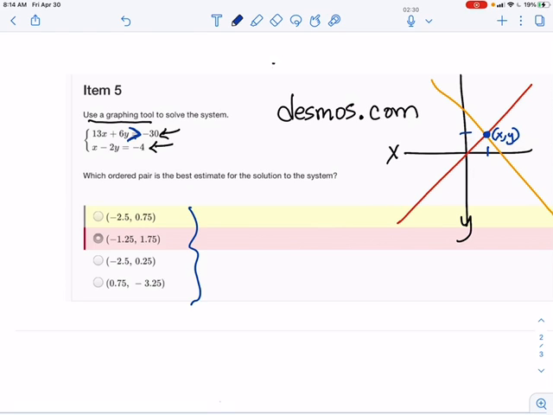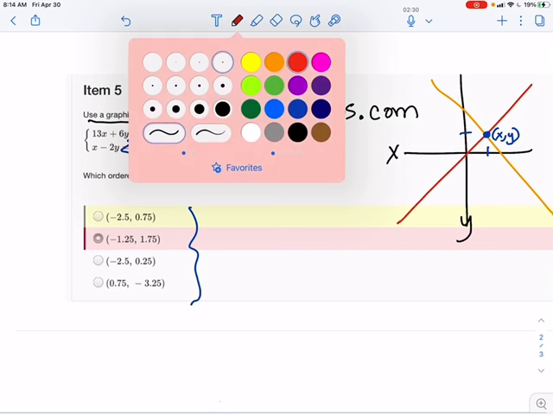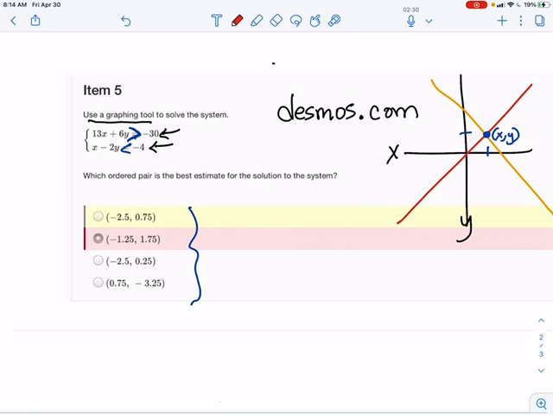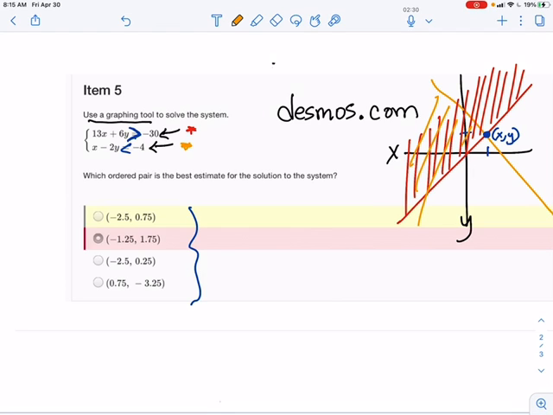Let's say this is the red line and it's saying greater than, so then you go above the line that you've made. Let's pretend this is the orange line and it's a less than, then everything below this line is the solution.